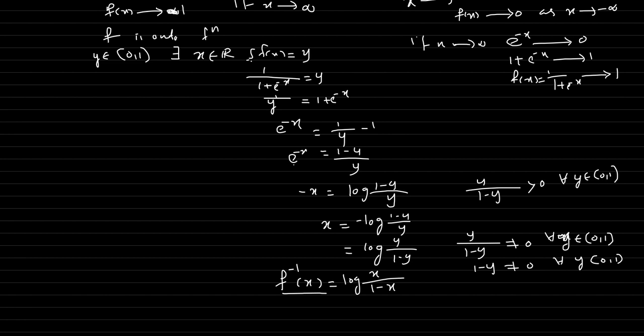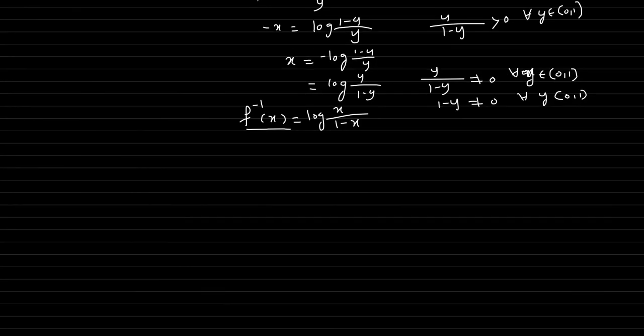Why? Here 1 by (1 minus x) is continuous on open interval (0, 1), and hence x by (1 minus x) is continuous on open interval (0, 1), and this is always greater than 0. So log of x by (1 minus x) is continuous on open interval (0, 1). Therefore f inverse is also continuous.